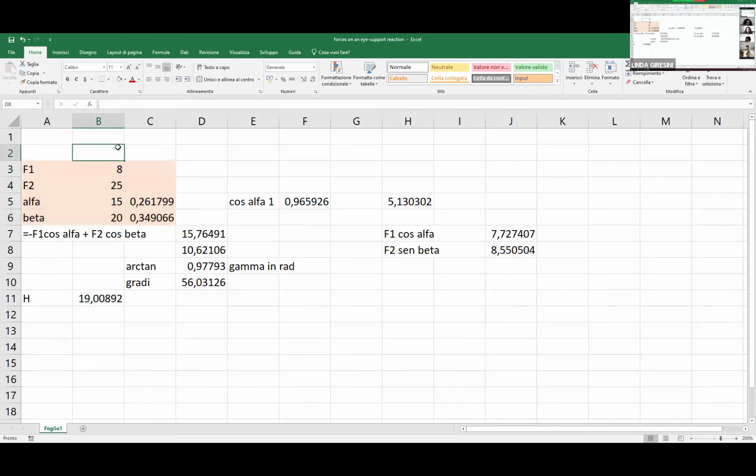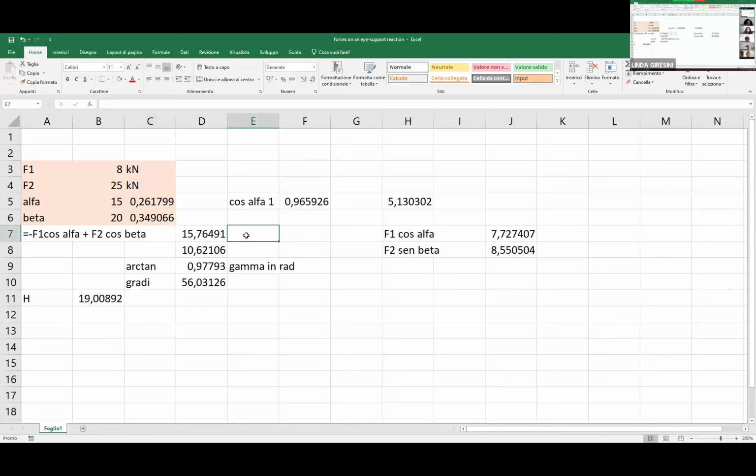And you can do this also by yourself with an Excel file, which is nice because then you can see the result directly by changing the numbers. It's always important, so we have F1 8 kilonewtons, F2 25 kilonewtons, alpha 15 degrees and beta 20 degrees. Close to these values, I find radians. This is in Italian, so radianti. I think the English version requires rad or something like that. Because sin and cos want the radians.